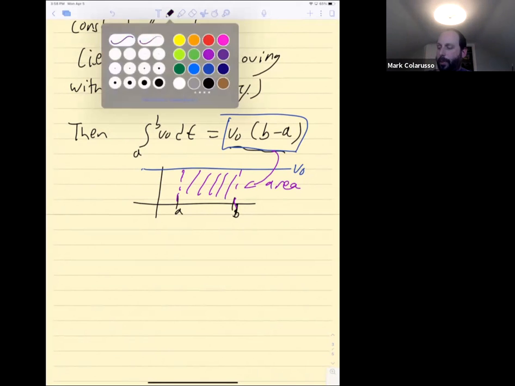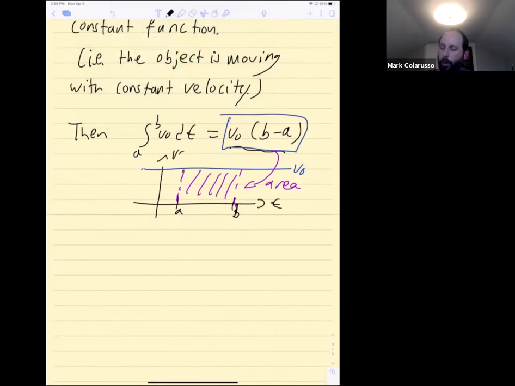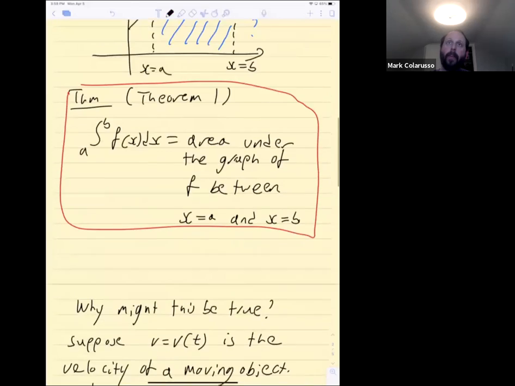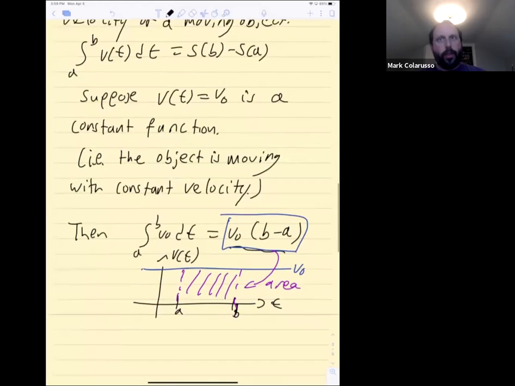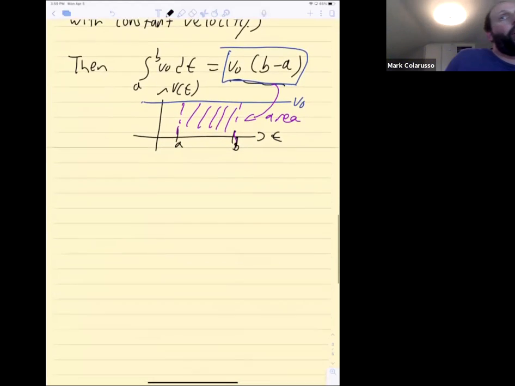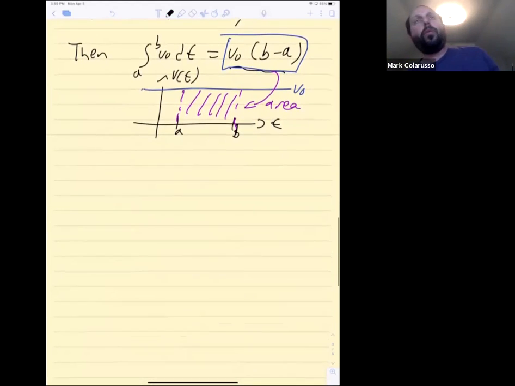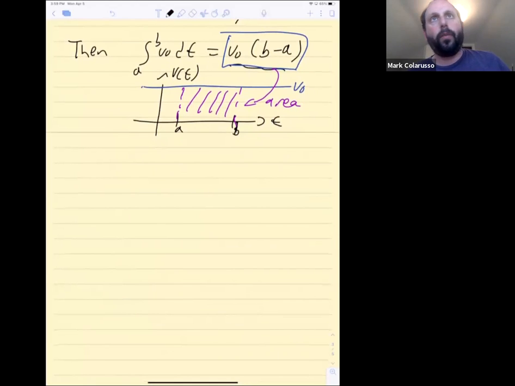Now, if the speed isn't constant, it's much, much harder to see the connection, that the displacement is the area under the velocity versus time graph. That is true according to this theorem, but it would require going into much more advanced theory of the integral than we cover in this class, and really understanding what this integral notation is deeply computing in some sense.